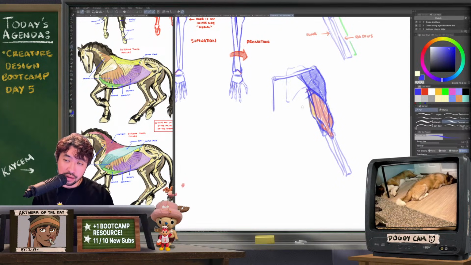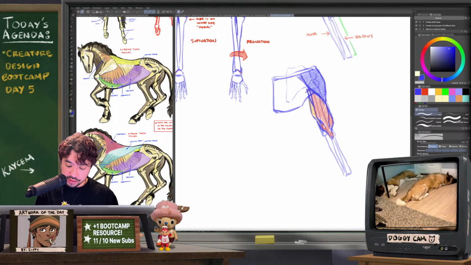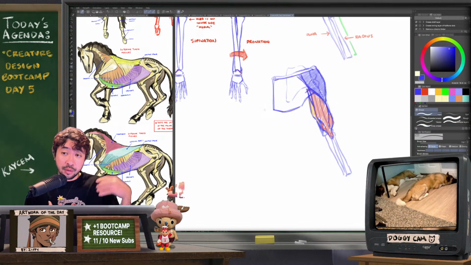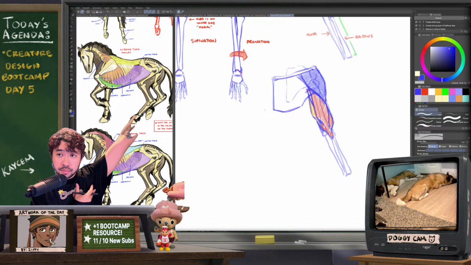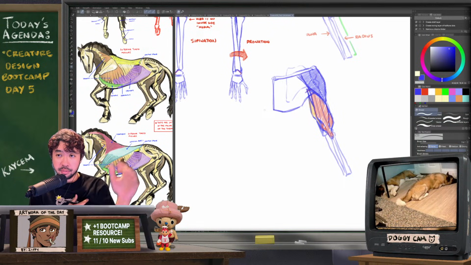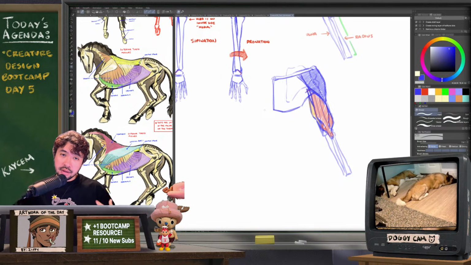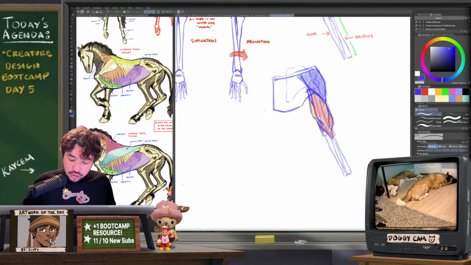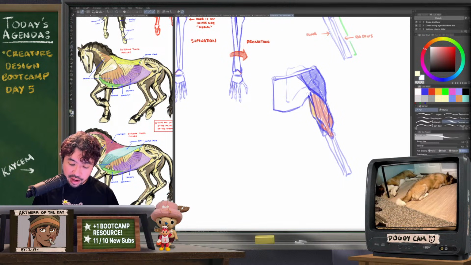I like to consider this muscle part of the arm as well as part of the chest because essentially it is the bridge between the two, right? It's the connection between the two, from the chest here to the arm, and raising your arm, being able to bring it back, all of that stuff. The chest muscles do contribute to that. So that, in my mind, is essentially the muscles of the upper arm.